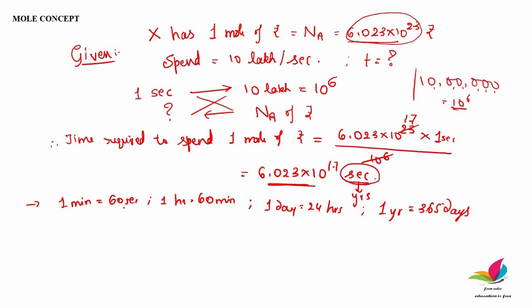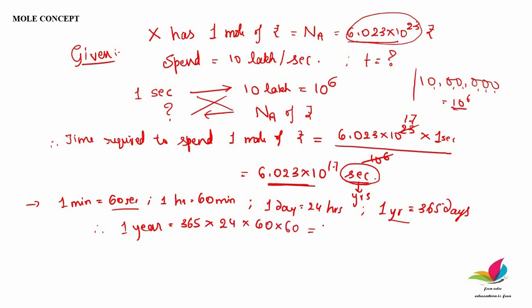What is the relation between second and year? From this you can calculate it. So 1 year is equal to 365 days into 24 hours into 60 minutes into 60 seconds.